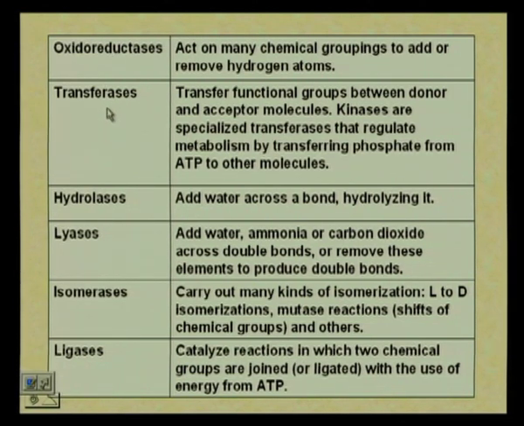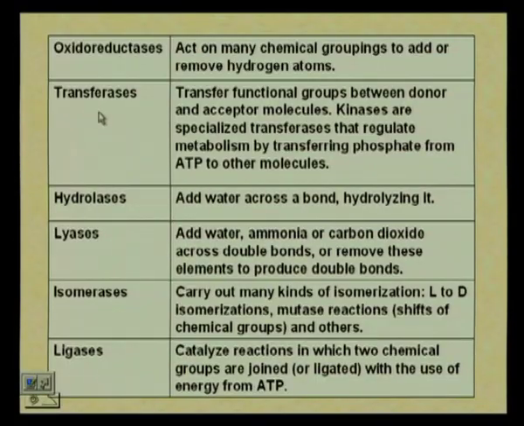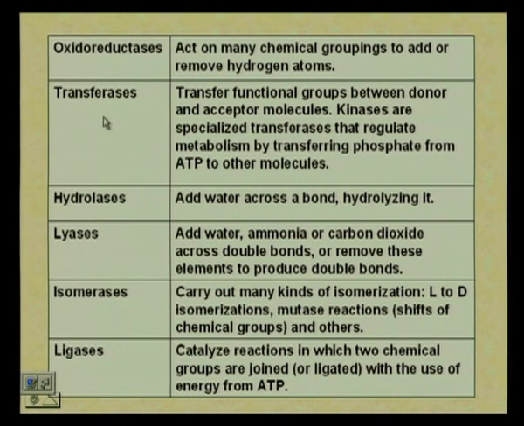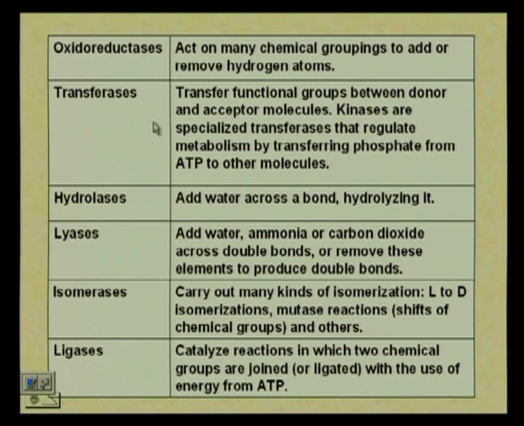A transferase, what is that going to do? It is going to transfer. Since you are looking at specific reactions, it is going to transfer a functional group between the donor and the acceptor. So, that would be a transferase.